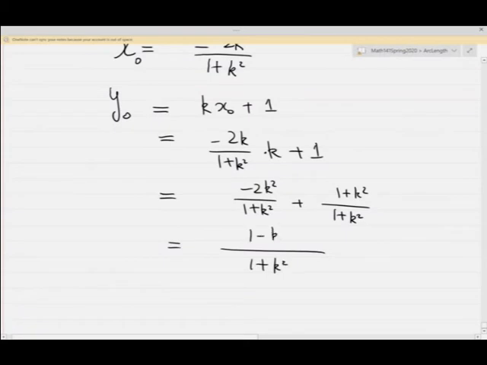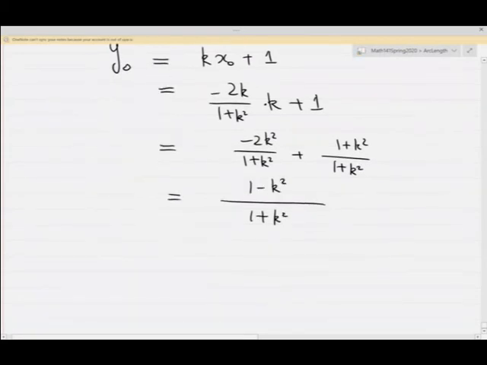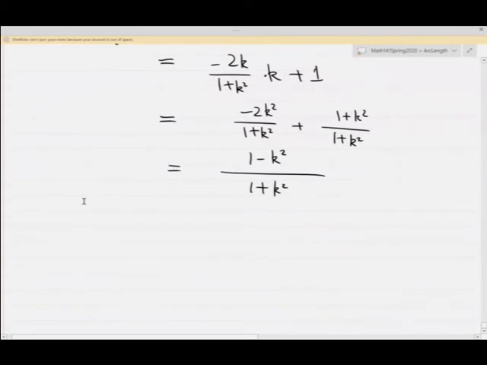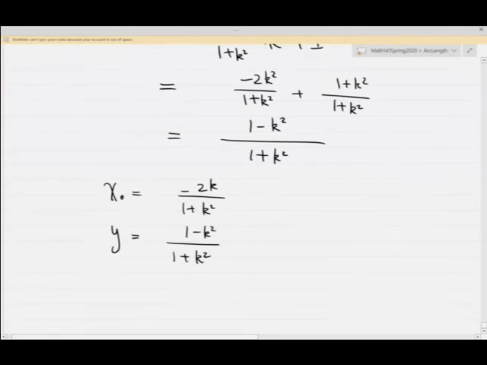The solution you can finally write in this form. So x0 is negative 2k over 1 plus k squared, and y0 is 1 minus k squared over 1 plus k squared. Here if you replace k by negative k, you can also forget the negative sign.